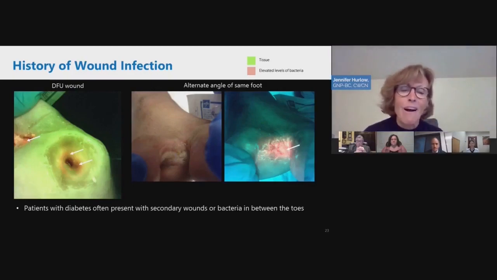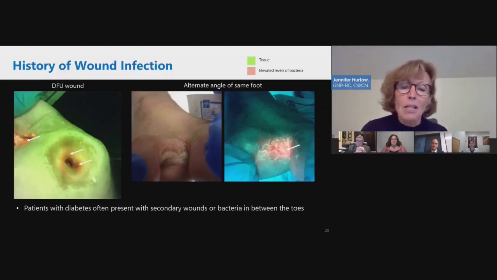Interestingly, though, if you look up at the first web space, the fluorescent picture picked up a large bacterial load in that first web space that I didn't, unfortunately, notice without the fluorescent picture.